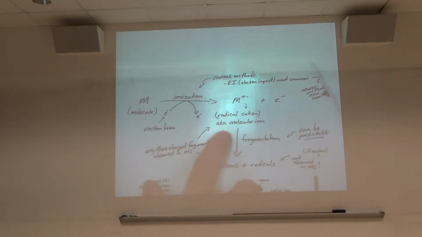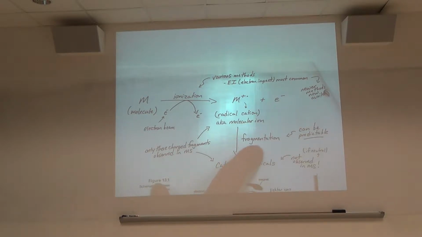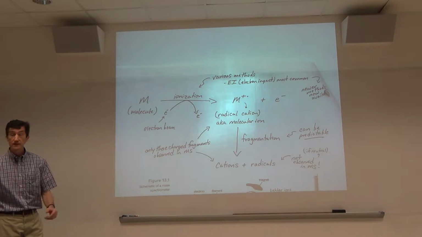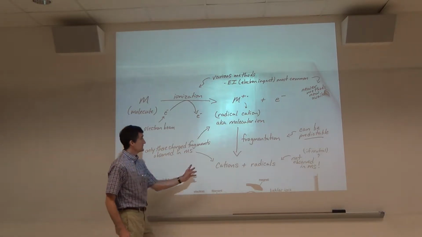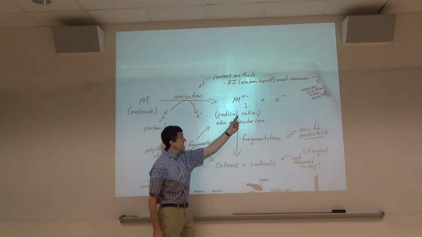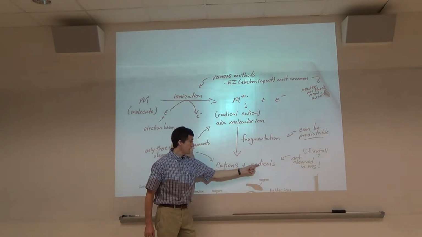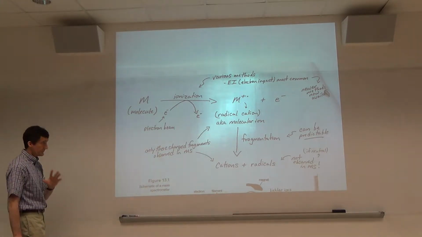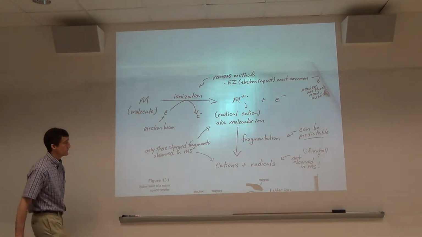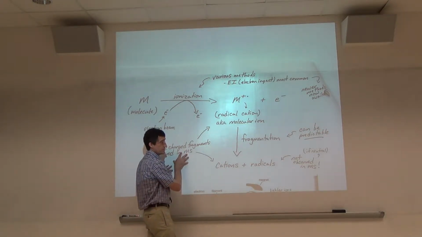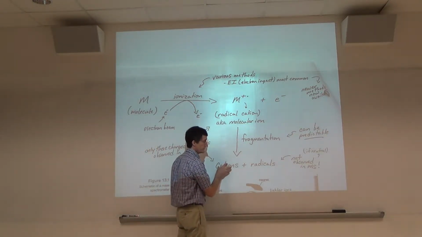One thing that we will see is that the molecular ion is prone to undergoing fragmentation, breaking apart, decomposing into other fragments. The molecular ion, the radical cation, when it cleaves, will typically form a radical and a cation. The cation fragments can be observed because they're charged.